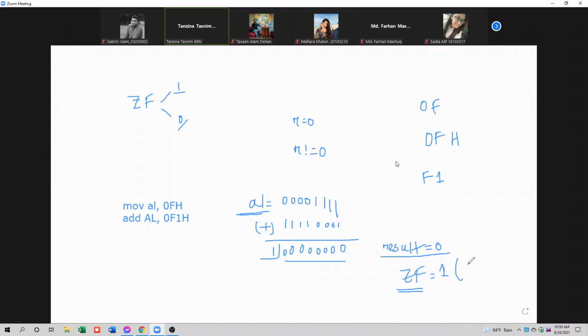That means the zero flag is set. It will be true when the result of the arithmetic operation is 0. But when the result is not 0, its value will be 0. That means the zero flag register's value is false for the previous arithmetic operation. Suppose we are adding two numbers.